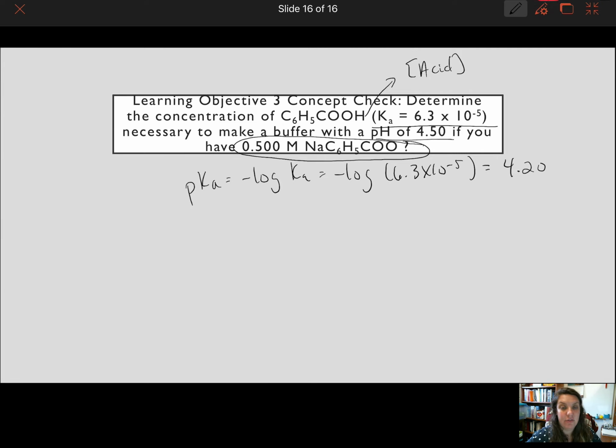Okay, so we want a pH of 4.50. The pKa is 4.20, and we want to solve for log. Our base concentration is 0.500. Our acid concentration is what we want to solve for.